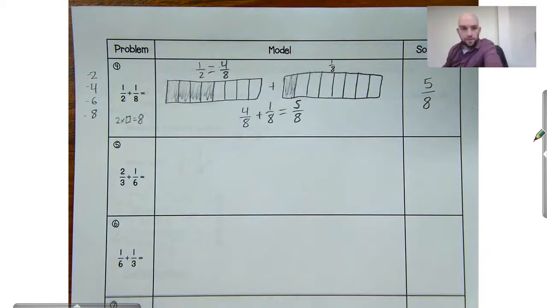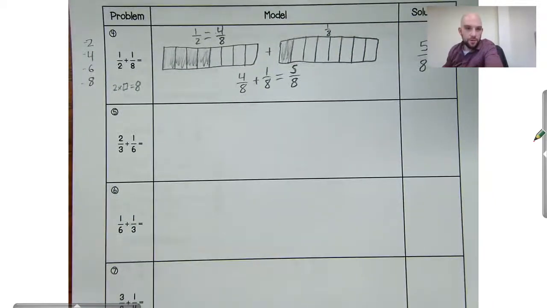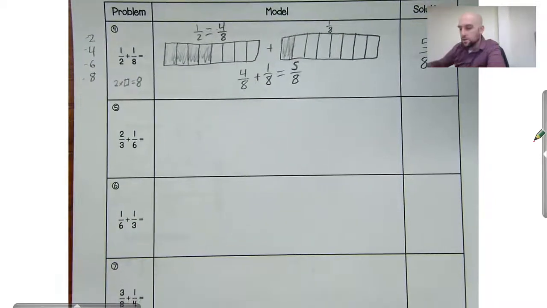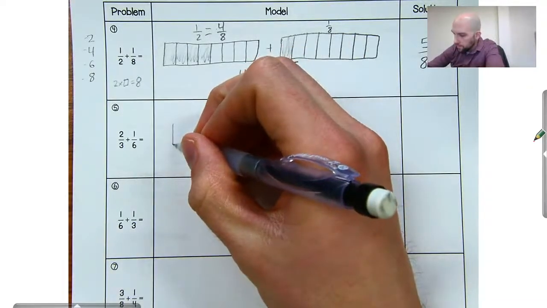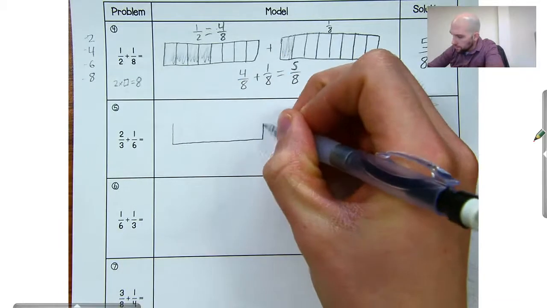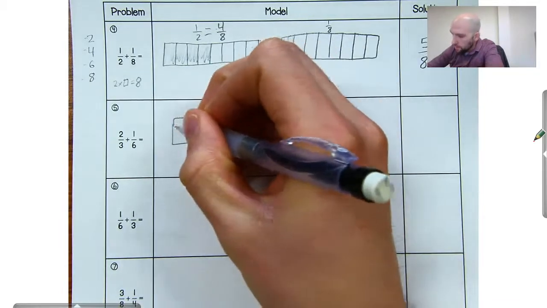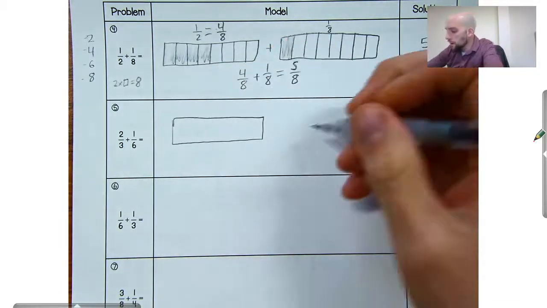All right. So next we have 2/3 plus 1/6. So we have a numerator that's greater than 1.